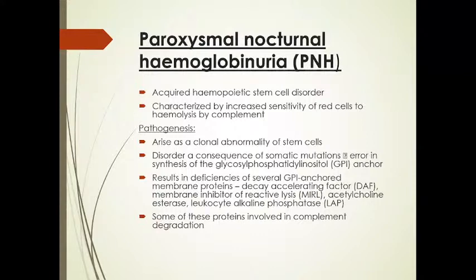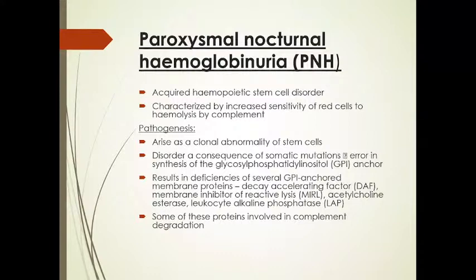Okay. So for paroxysmal nocturnal hemoglobinuria, this is actually an acquired hematopoietic stem cell disorder. The reason that's interesting is most of your other stem cell disorders are malignancies, because this is clonal, yeah? That clone is malignant.